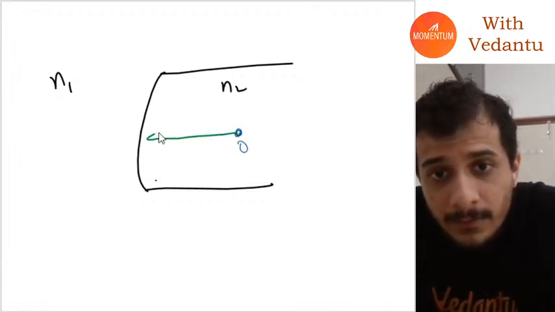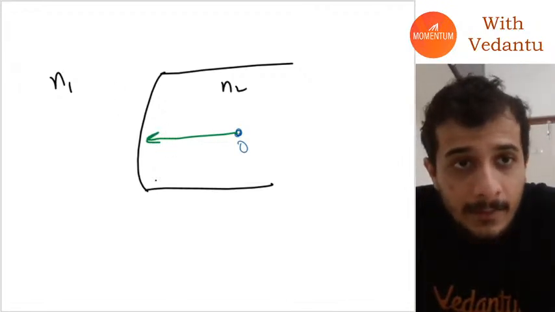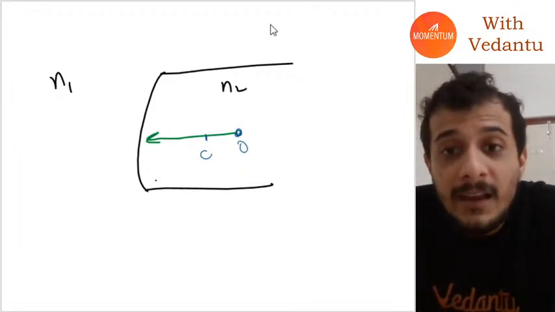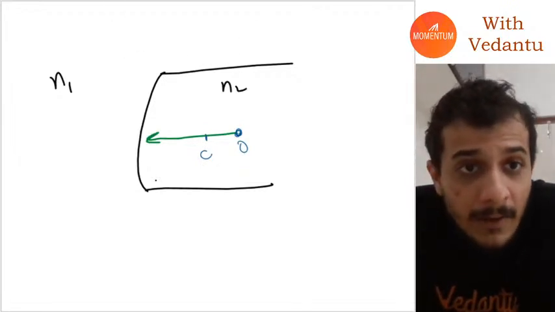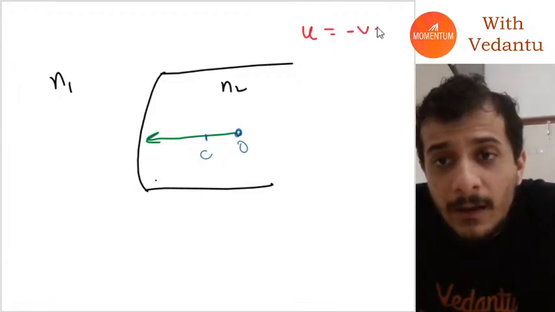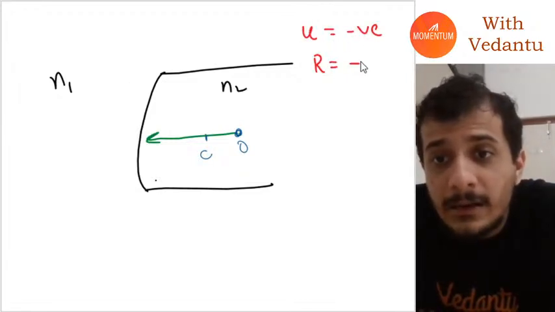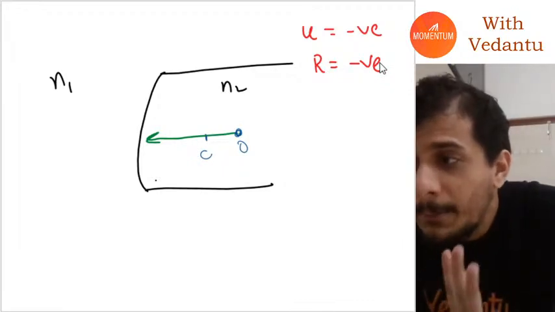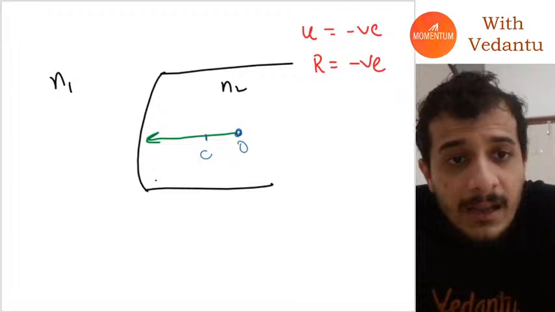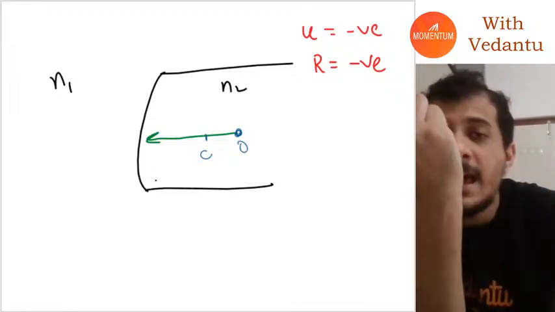The incident ray will go in this direction, and the center of curvature, let's say, is somewhere here. So in this case, u will be negative and R will also be negative. Why am I saying that, guys? Because the incident ray is traveling towards the left.